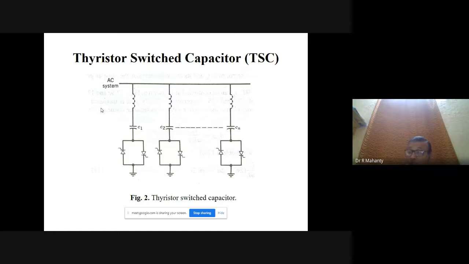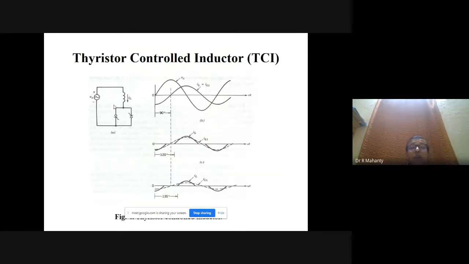And we use thyristor switches so as to detect the zero crossing of the voltage, and to perform the switching at the zero crossing of the voltage, and to avoid the short circuit condition or the large current which will flow into the circuit because of this capacitance. And then the thyristor controlled inductor gives you a variable value of inductance, and you will have to use both together to take care of the power factor.